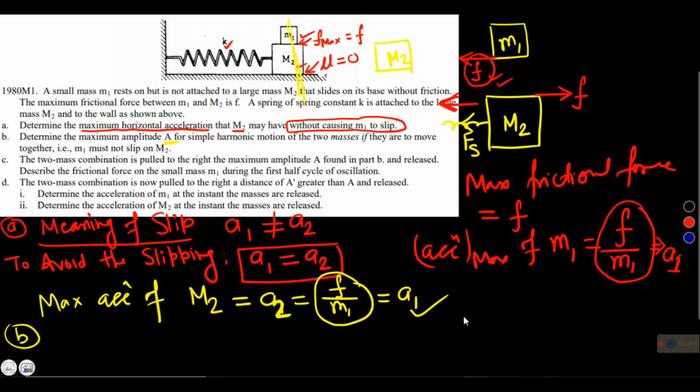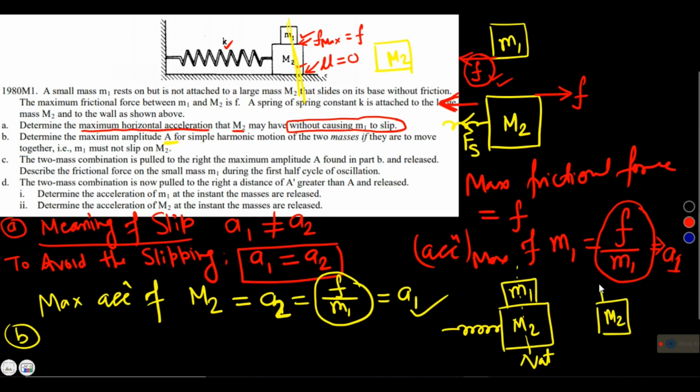See, if we extend it more, let us suppose this is your m2 and this is your m1, and this is at the natural position, and we have extended till here.